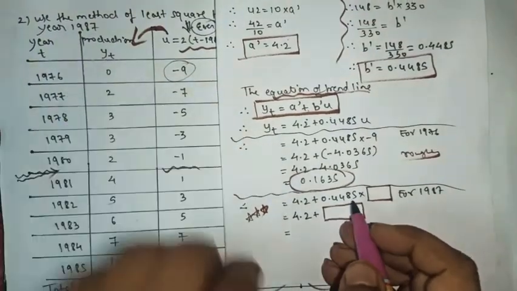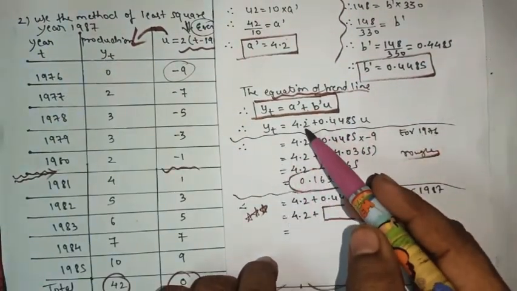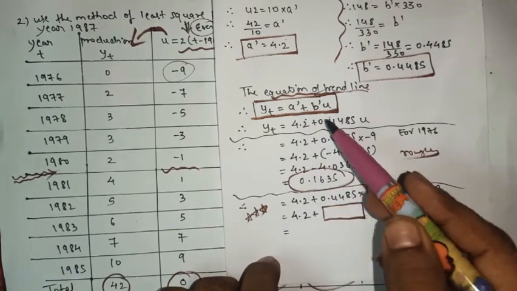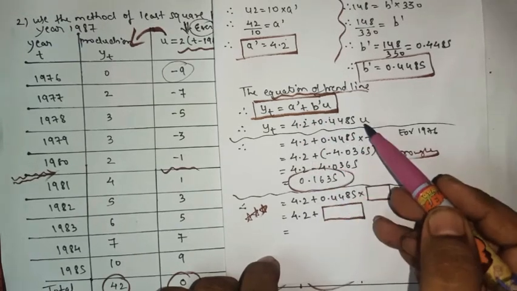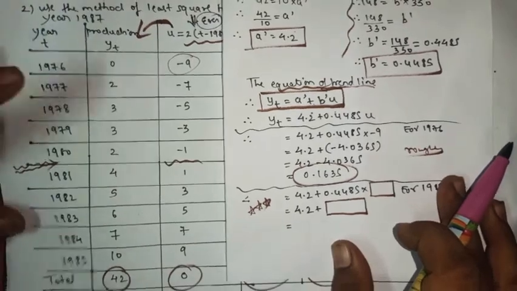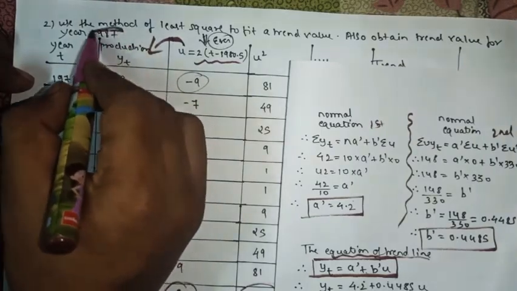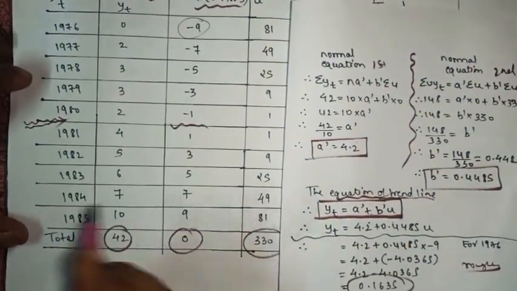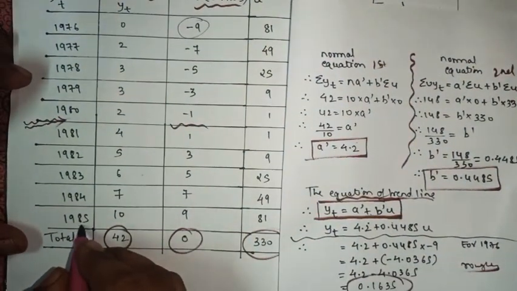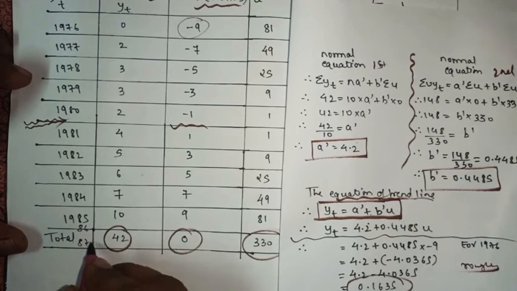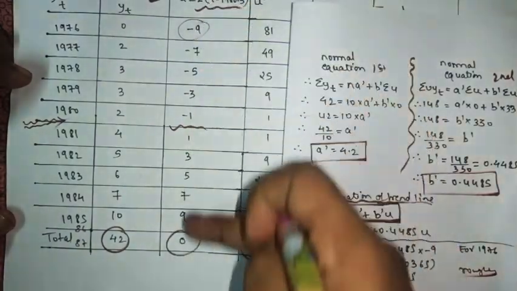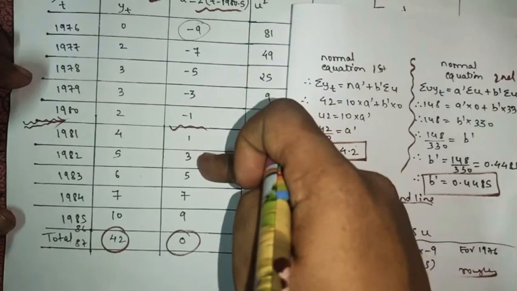So now, here we have the value of a dash, value of b dash. We require the value of u. Again, it is very simple to find the value of u, as we have to find the answer for the year 1987. So the next will be what, 86, and next will be what, 87. So as per the rule, here we are getting the odd numbers.